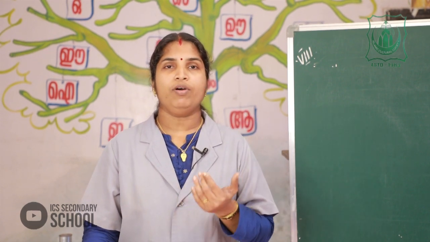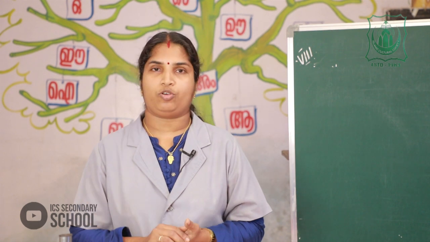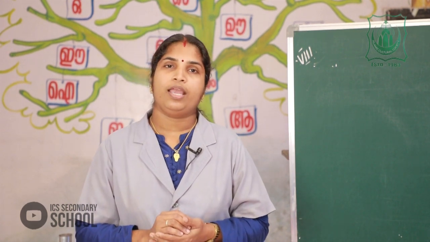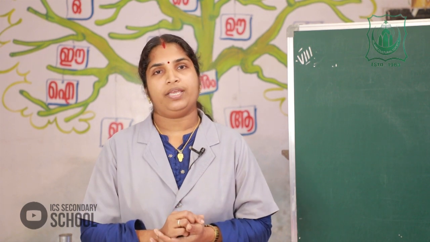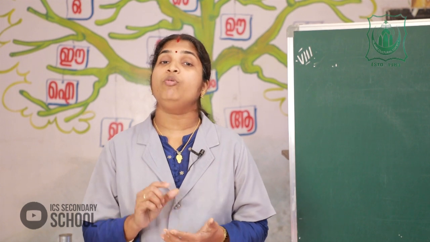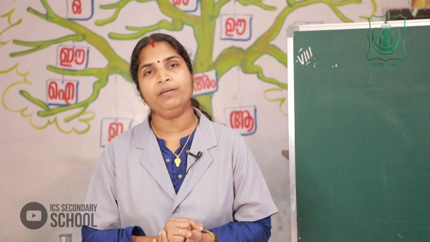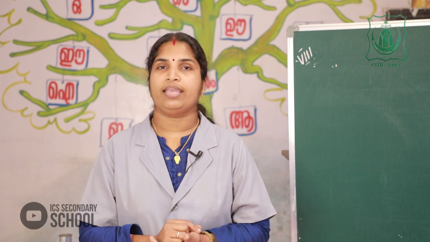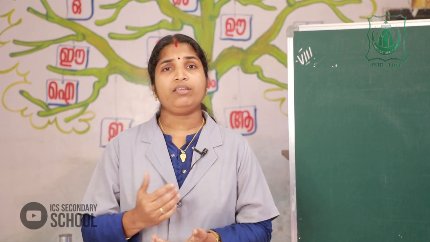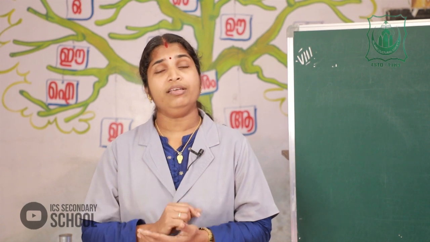Next one, observation. What should be observed through this microscope? In this observation, we can see the square shaped outer layer.